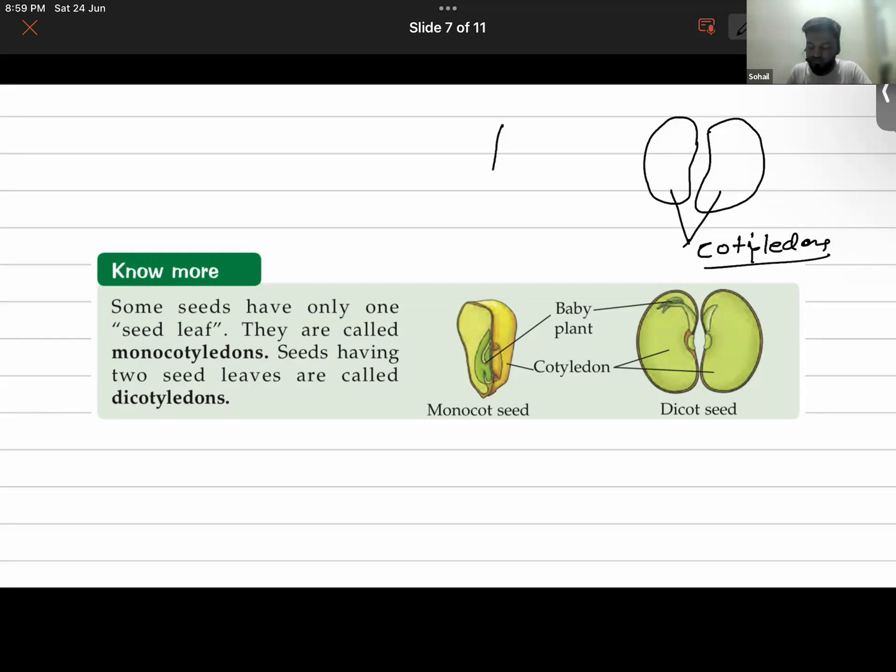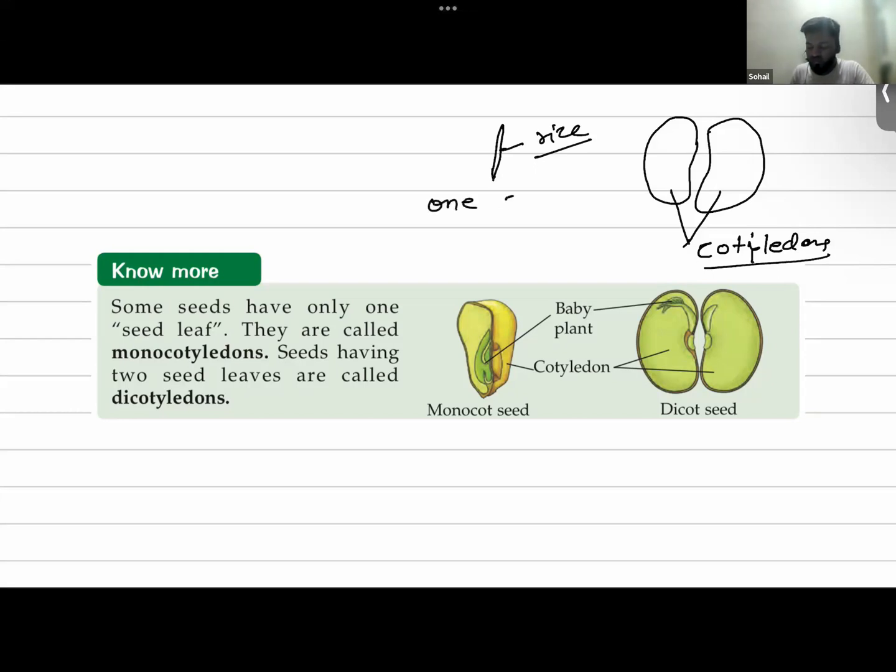Like if you see a rice seed, it does not split into two, so it has only one cotyledon. One cotyledon is there in a rice seed, while in a gram there are two cotyledons.